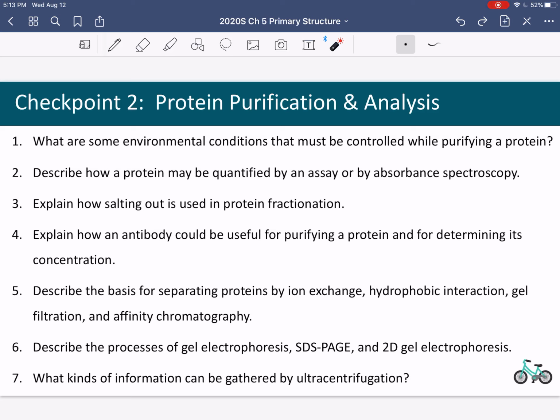So make sure you can answer these checkpoint questions before you move on to the next part of primary structure, protein sequencing.